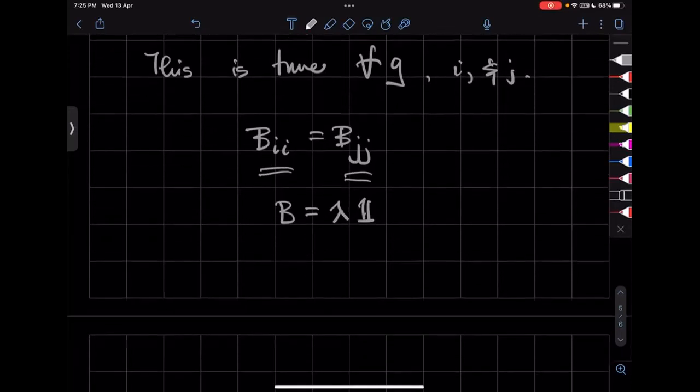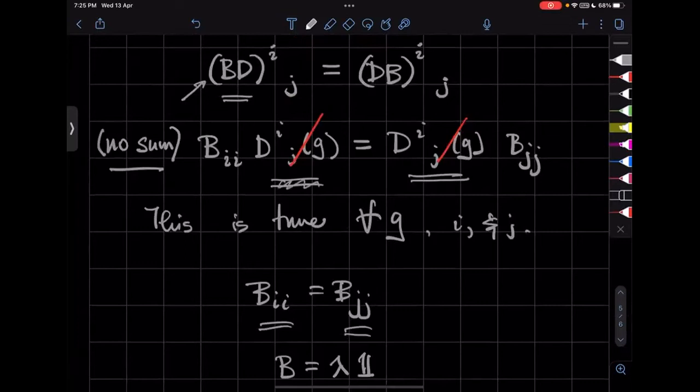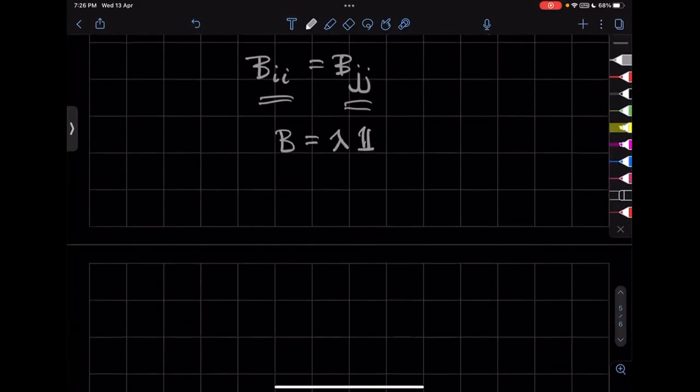Now, what if this was zero? What if the case where D_IJ of g is 0 for all g in G?